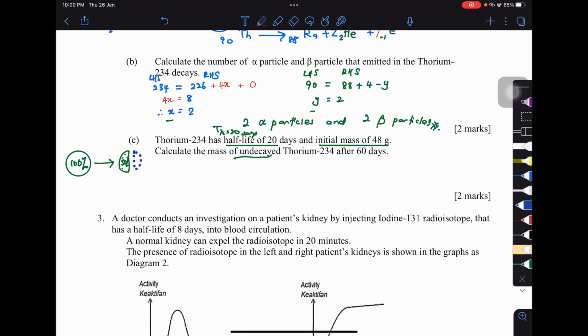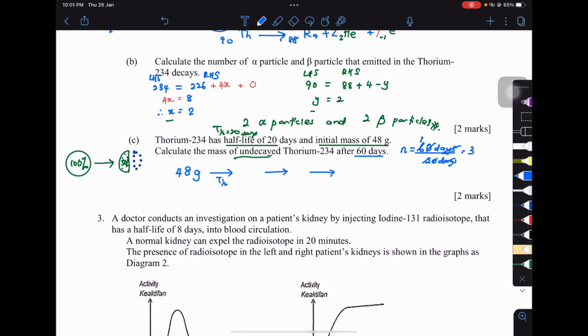So that's simple. We start with the original initial mass, 48 grams. The question asks after 60 days, so check first how many cycles it has. For 60 days, and each cycle is 20 days, we need 3 cycles: 1 time, 2 times, 3.